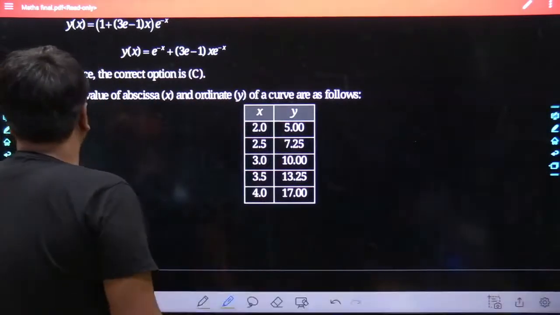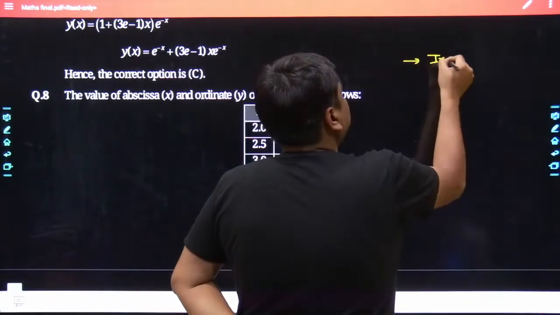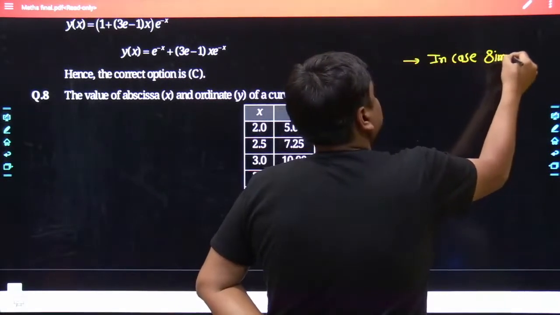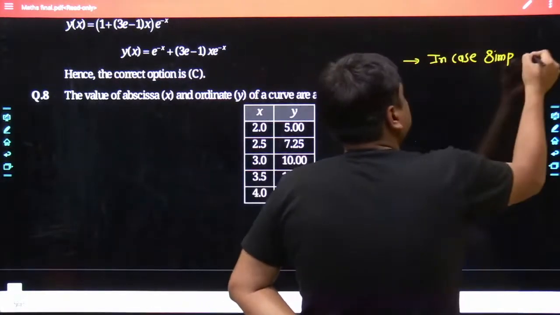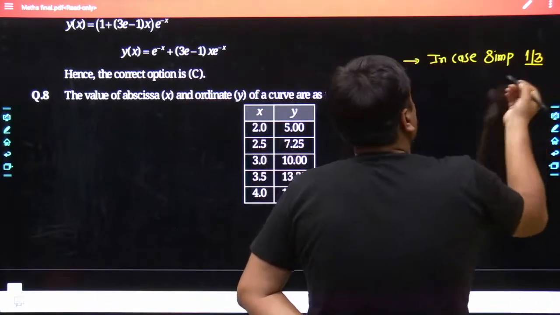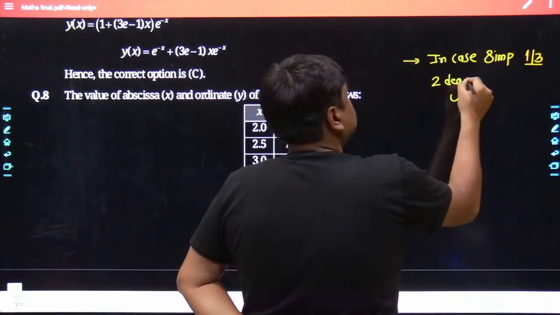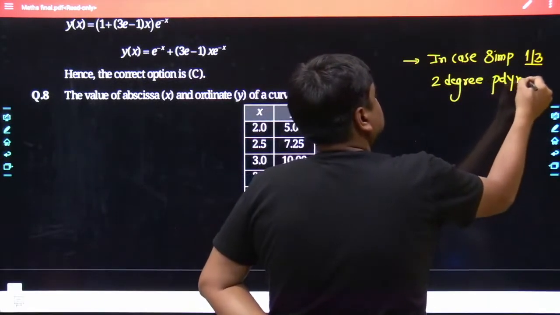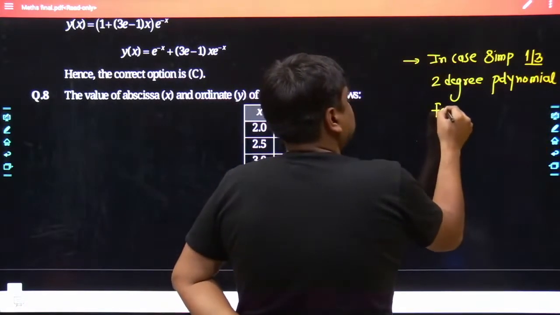So if you want, I can mark it over here. In case of Simpson's 1/3 rule, I use a second degree polynomial for the approximation.